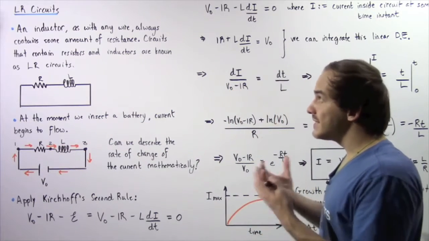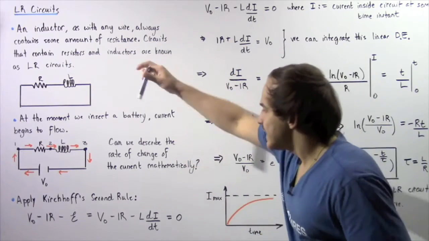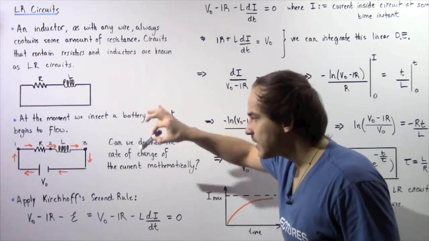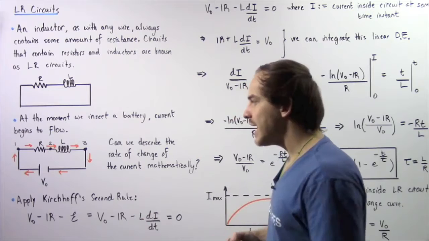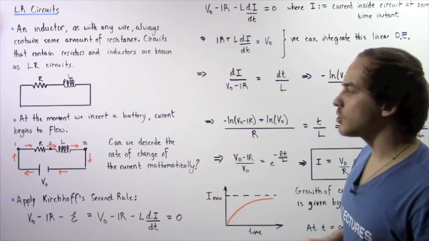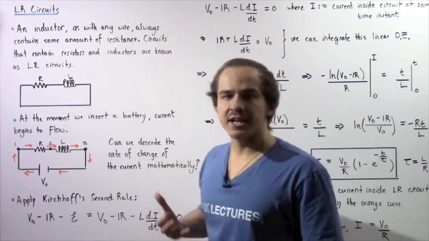What we want to examine in this lecture is the following question: can we describe the rate of change of our electric current mathematically once we place our battery into our electric LR circuit? Let's begin by applying Kirchhoff's second rule.